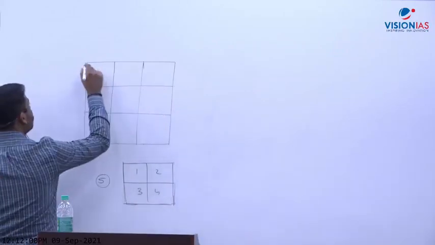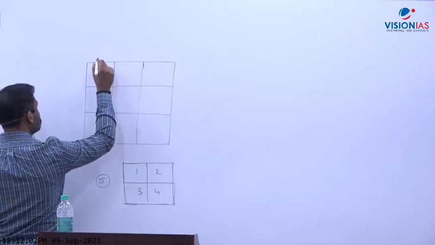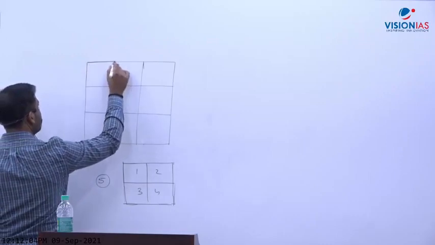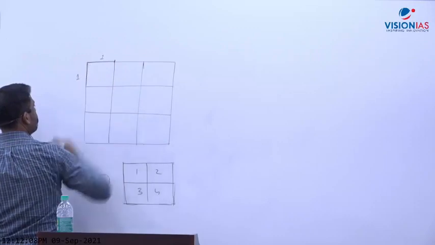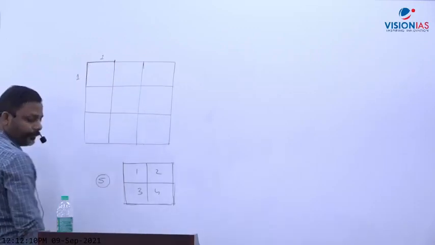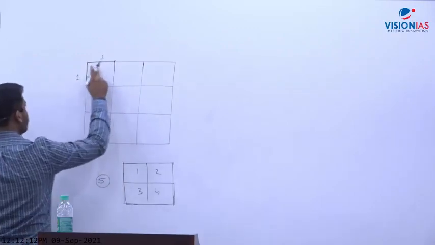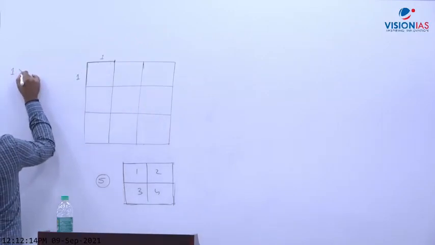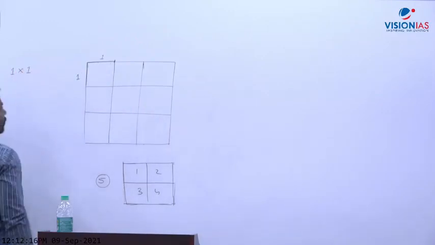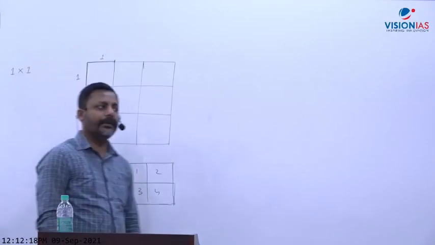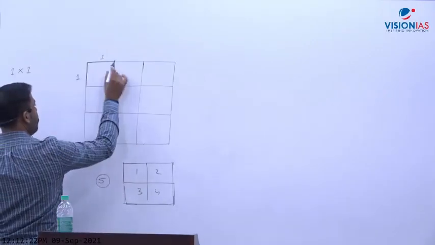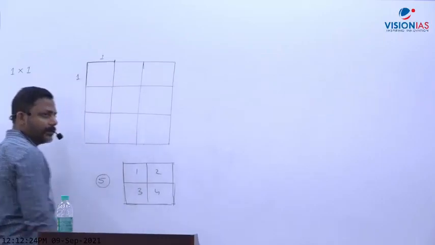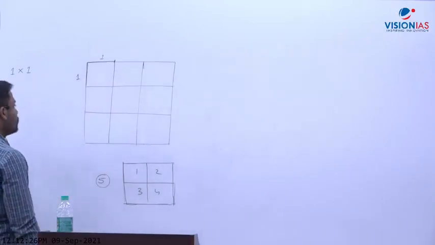See, let's consider this particular length is 1 and this is 1. So we are getting a small square over here. We can say it has a size of 1 by 1. So this is the smallest square.